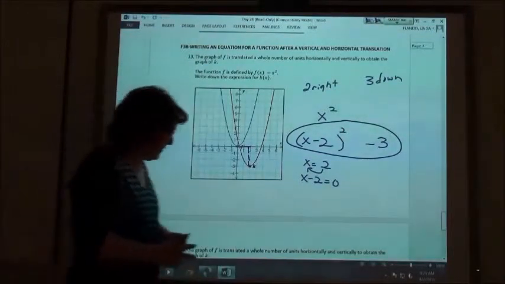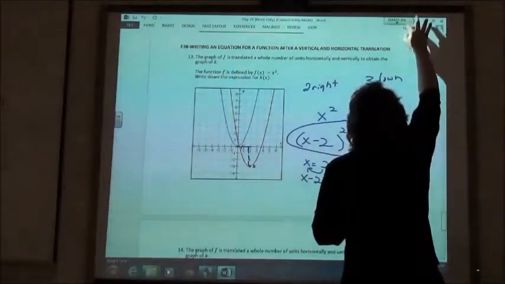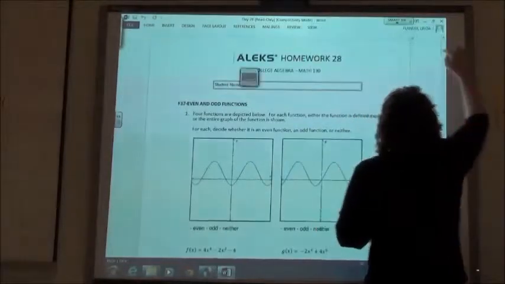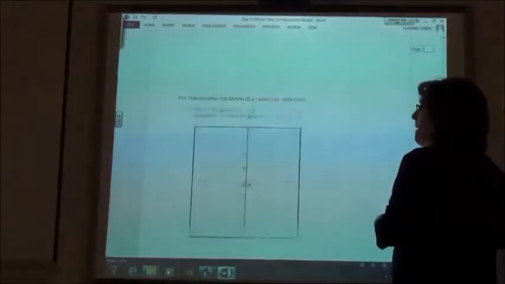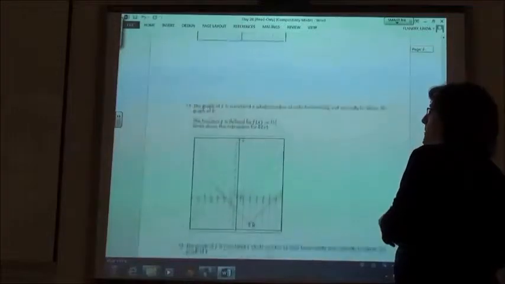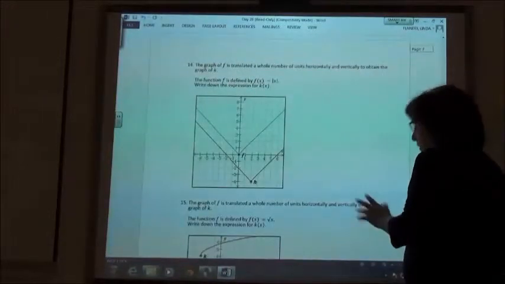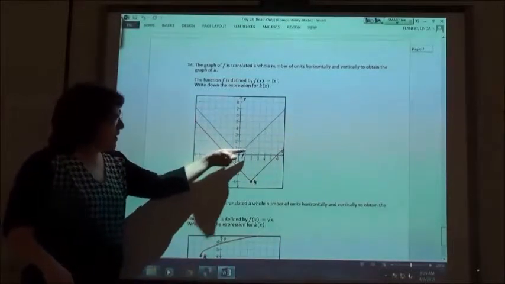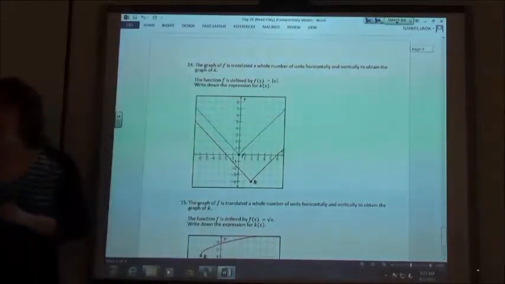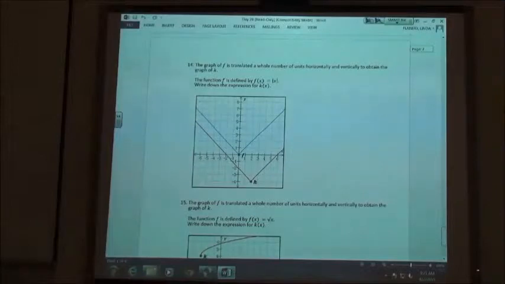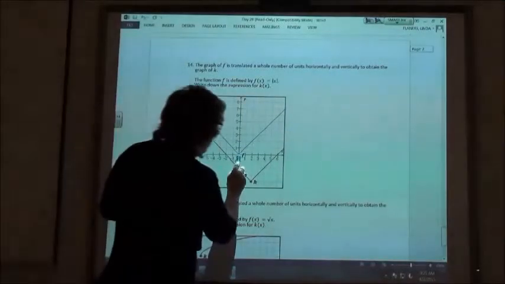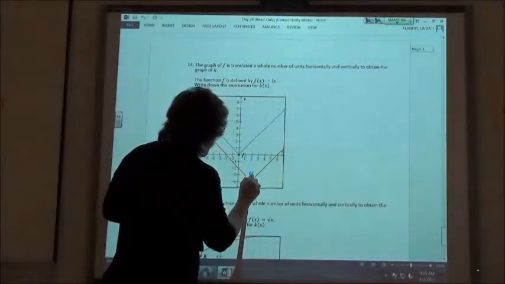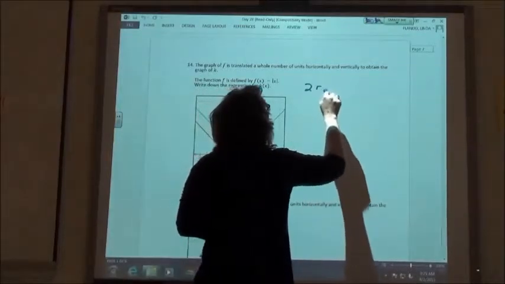Okay, so let's look at the next one. It was 13, we've got to find 14. Looking at my graph, starting at the one that's at 0, 0, and counting to the new one, how do I have to move? You're going to move 1, 2, 2 to the right.